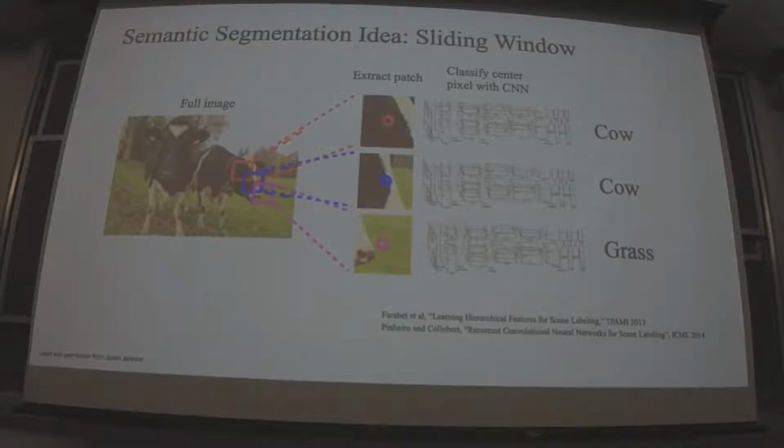And then at inference time, you basically just have to run a forward pass over each patch in the network. Obviously, this is problematic. This is really inefficient, especially at inference time, where you're going to have to run so many forward passes for a single image.